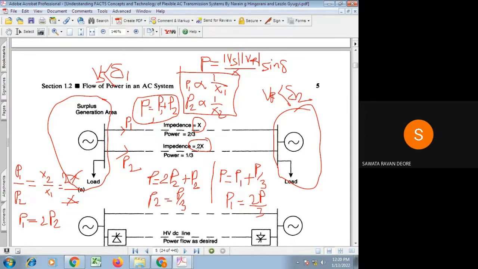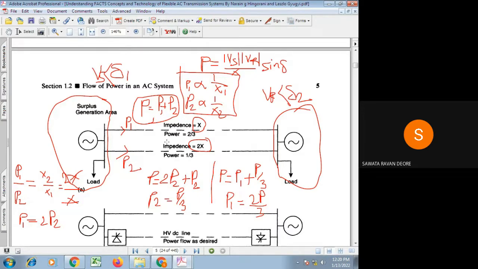So here, in short, suppose the deficit goes on increasing in this region and accordingly the surplus has to increase in this region. So according to that, the P flow through these two lines increases.